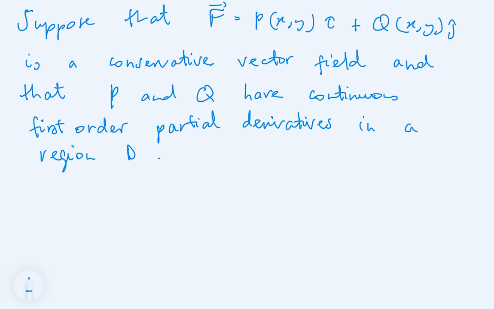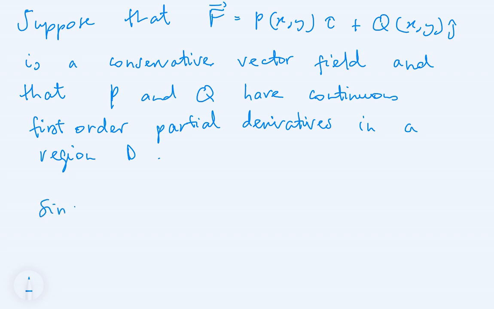So since F is conservative, there exists a function f such that the vector field F is equal to the gradient of this function. Let's write that down.